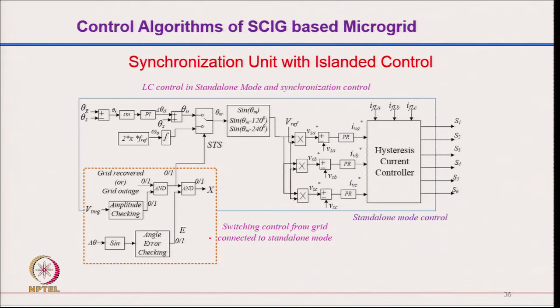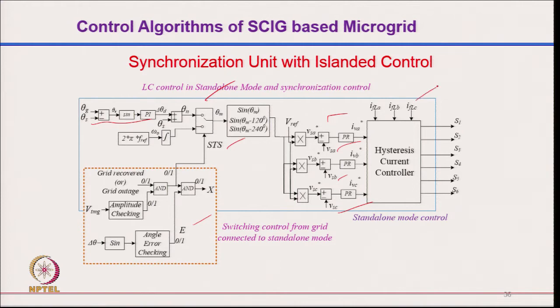When the grid is recovered, synchronization takes place by floating the angle of the grid side converter towards the grid, and once it comes close, you can close the switch. Otherwise, it operates in islanding mode with the proportional resonant controller, which has zero steady state error even with sinusoidally varying current.